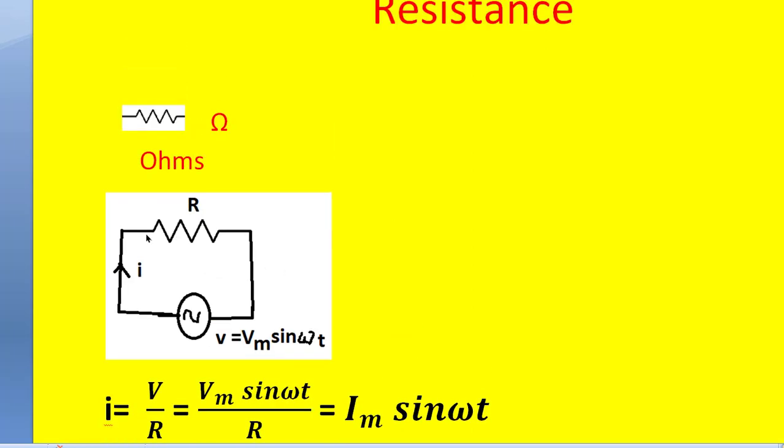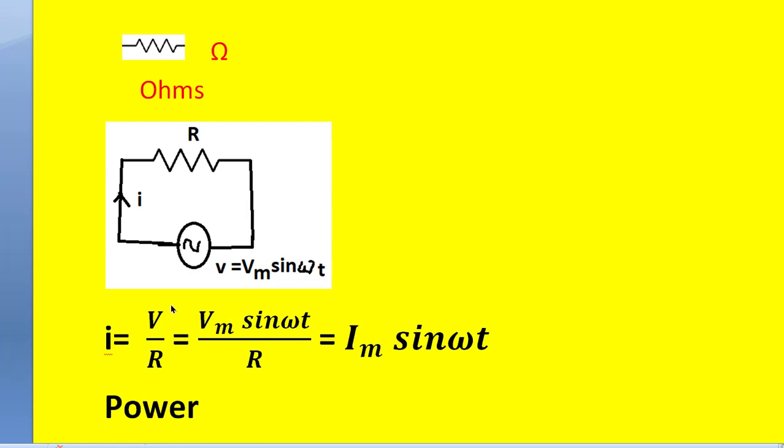Suppose the resistance is connected to an AC voltage supply like this, whose frequency is omega, then the current flowing through the resistor is I. We can calculate that I using Ohm's law: I is equal to applied voltage divided by resistance, so Vm sin omega t divided by R. This Vm by R is nothing but the maximum current that flows through this circuit, so we represent that as Im sin omega t.